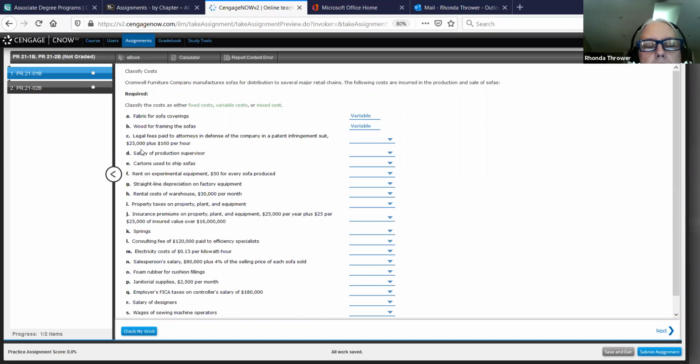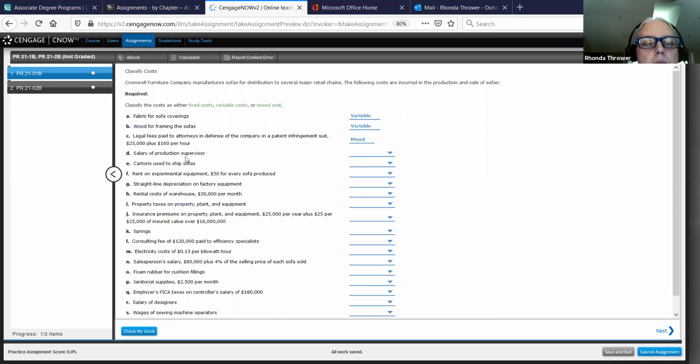That $25,000 is fixed, but the variable cost would depend on how many hours we are charging at $160 per hour. Since this has both fixed and variable in it, it's what we call a mixed cost. So this is an example of a mixed cost.